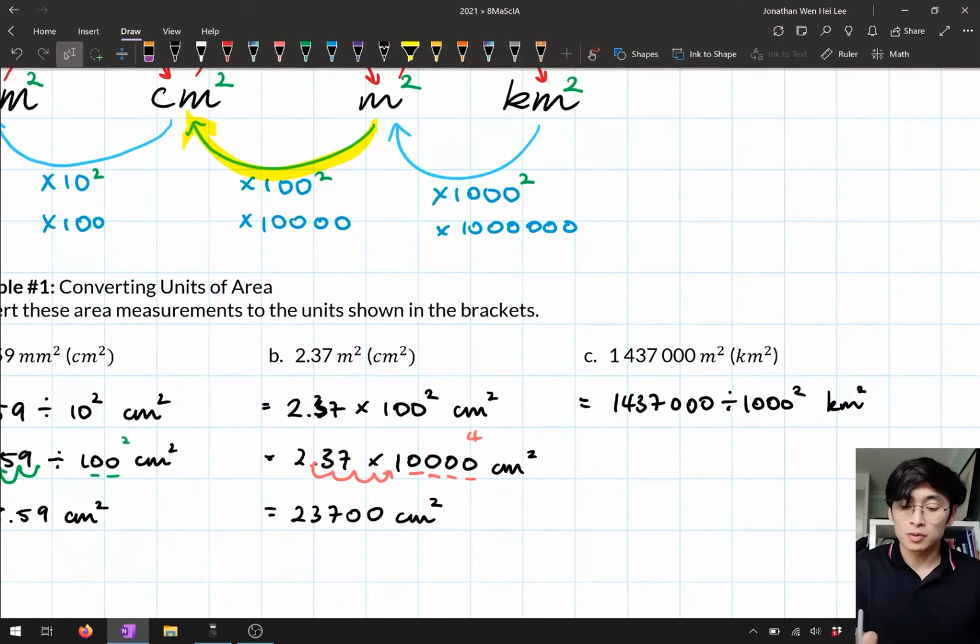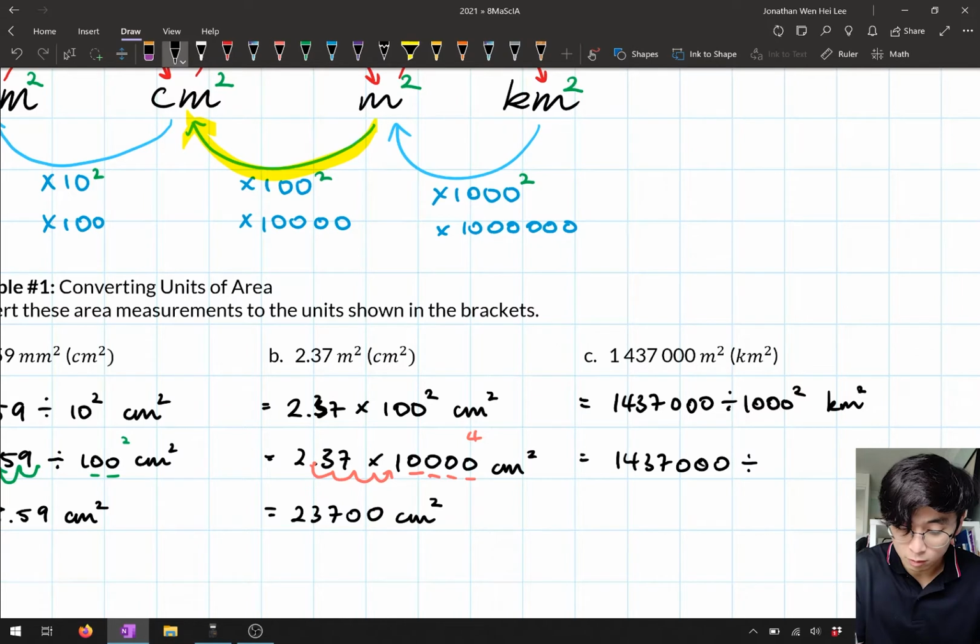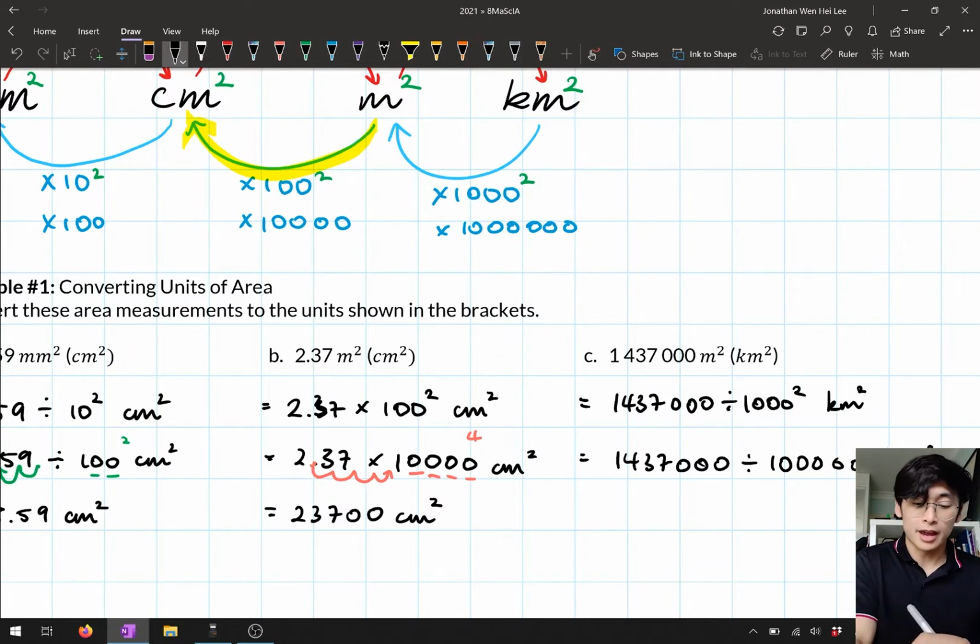And so when we want to figure out what that number is, we just double the number of zeros. So 1,000 has 1, 2, 3 zeros. So when I double it, it becomes 6 zeros. So 1,437,000 divided by 1 with 6 zeros, kilometers squared. Okay, and because we are dividing, we're going to move our decimal point to the left. So we count the number of zeros.